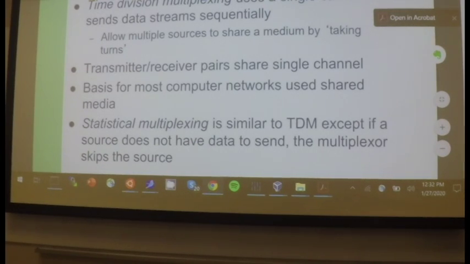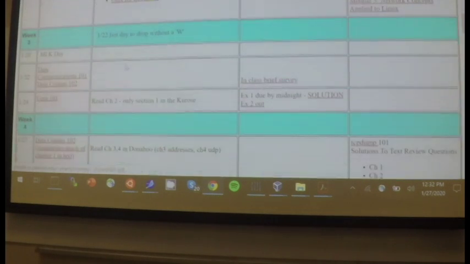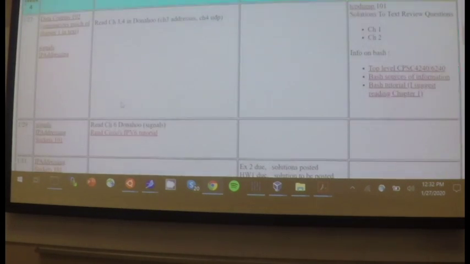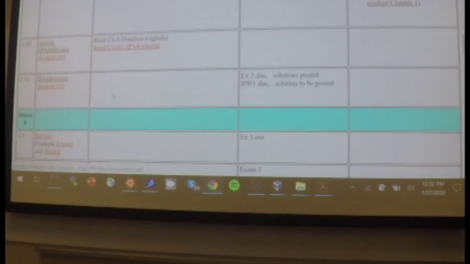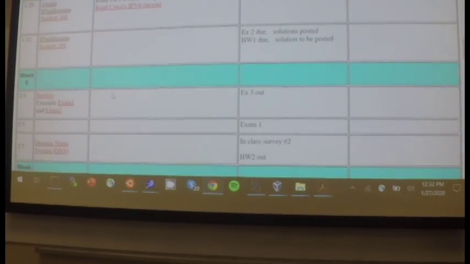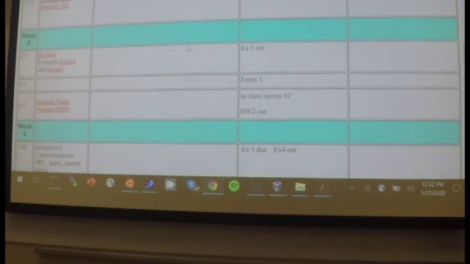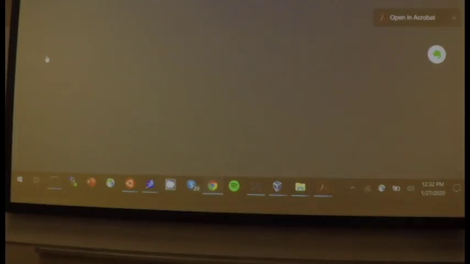actually, let me try to be super organized here and track what is going to be on exam 1. So I do this review page. Hopefully it's there.